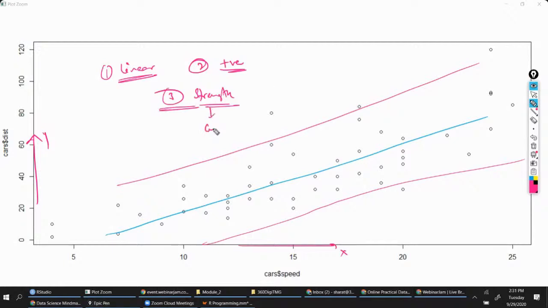That calculation gives us a constant value, represented using small r. The calculation that we are going to do will give you a number, and that number is represented as small r. This small r is known as the correlation coefficient.